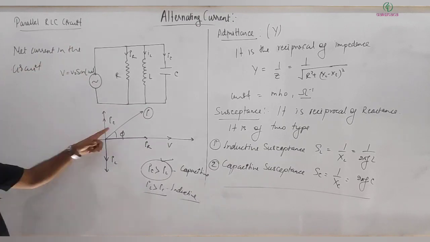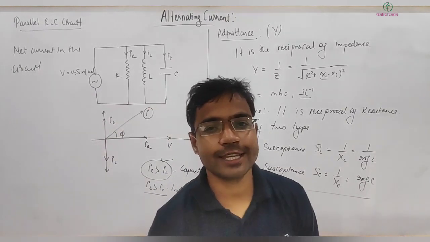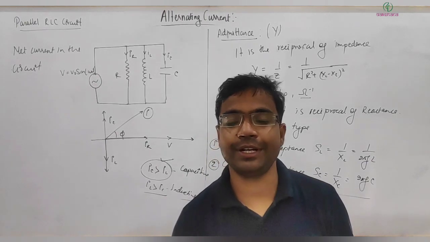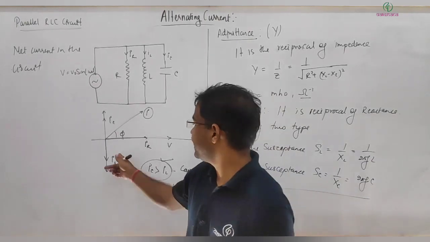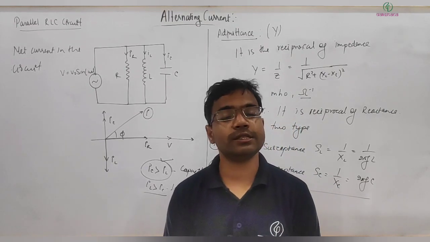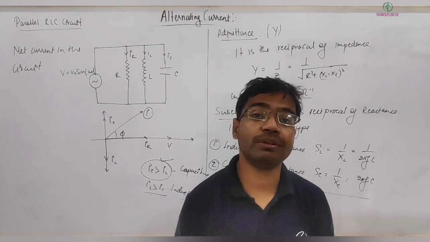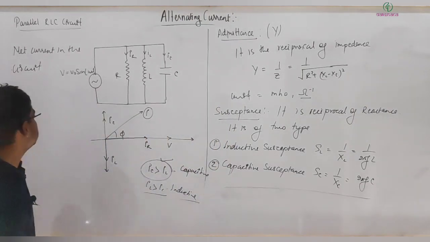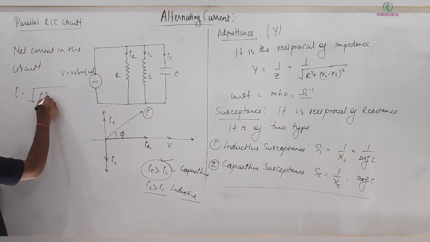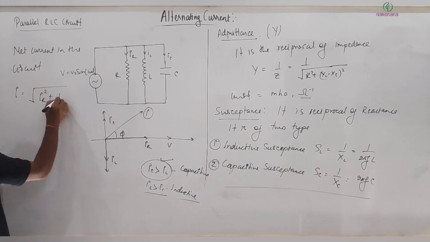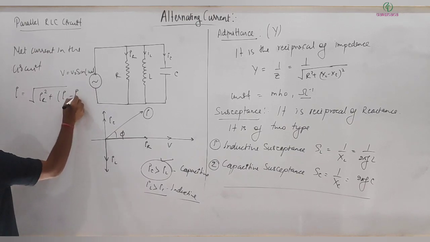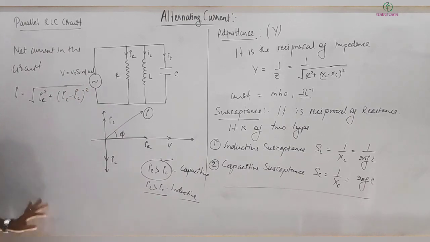Now again remember, current we know, I told you already, it's a scalar quantity, but still we can't add these currents in the normal scalar way, because there is a phase difference. We will treat them like vectors and calculate the net current like a vector. So I in the circuit is given by the square root of IR square plus (IC minus IL) whole square, is it?